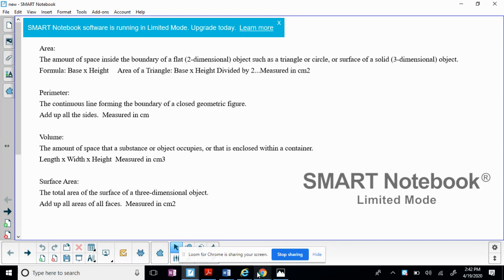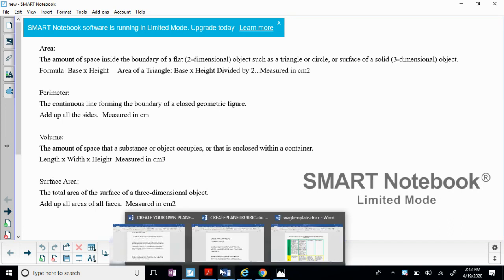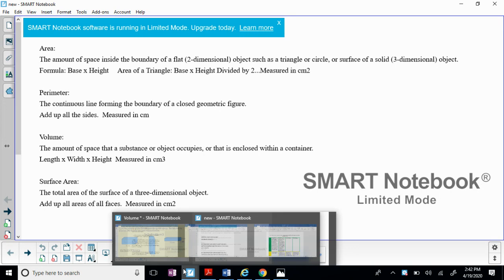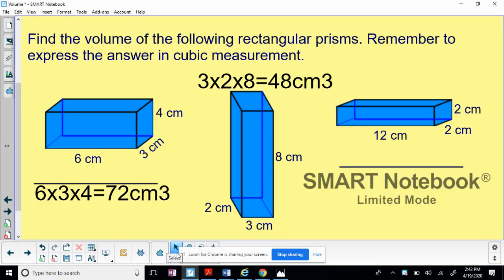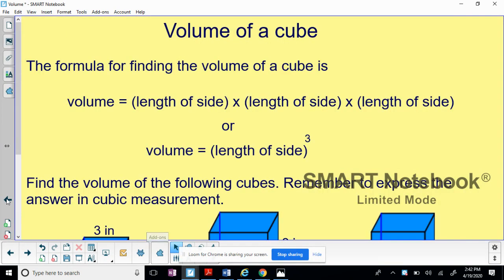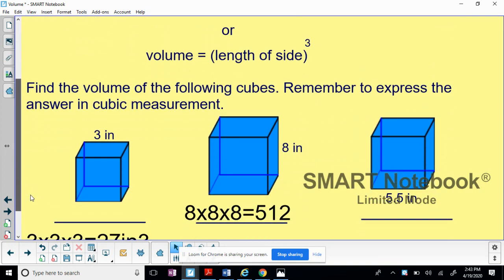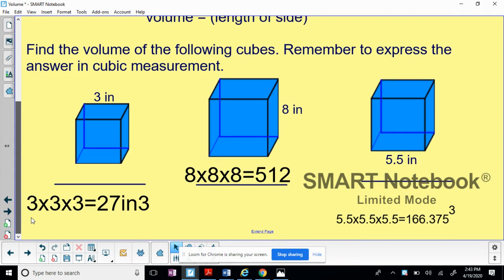So the formula for calculating volume is length times width times height. Probably the most straightforward one you're going to get is with an actual cube.